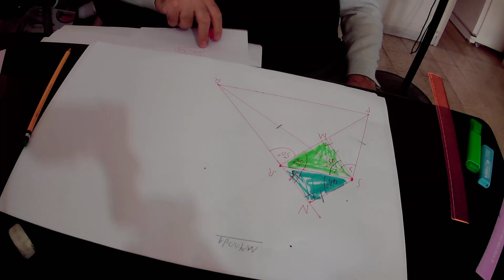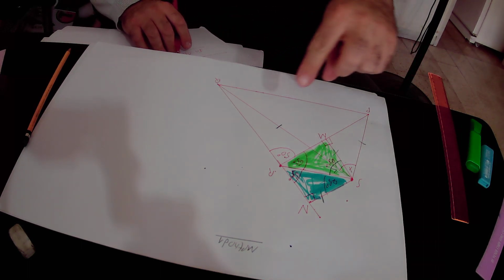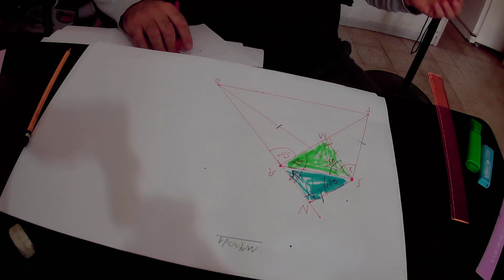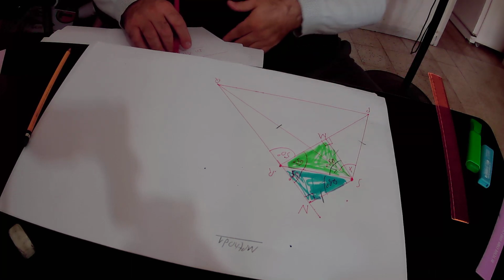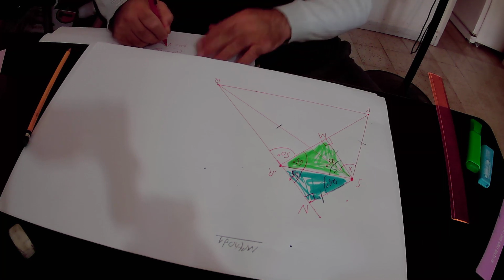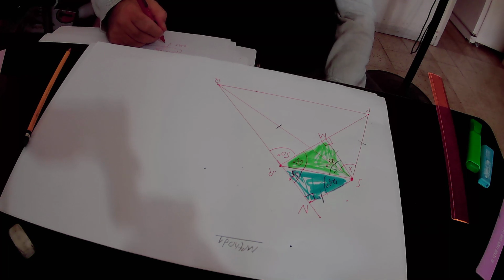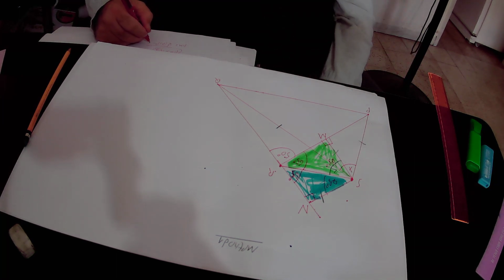Actually, we will prove that PM equals NQ because those two triangles are right triangles. We can use the Pythagoras theorem in order to calculate the value of PM. According to the Pythagoras theorem, PM equals the root of PS squared minus SM squared.